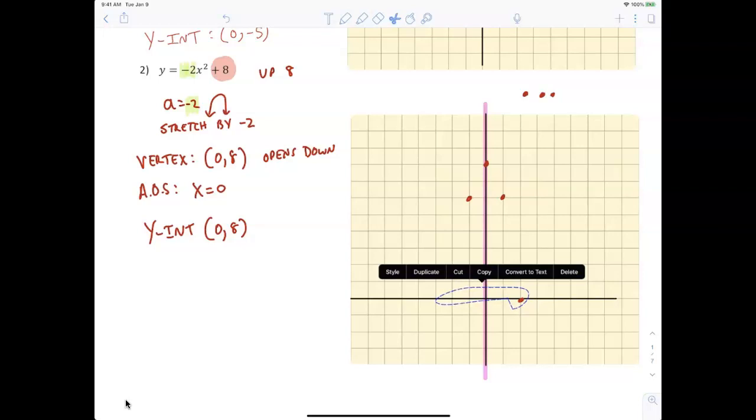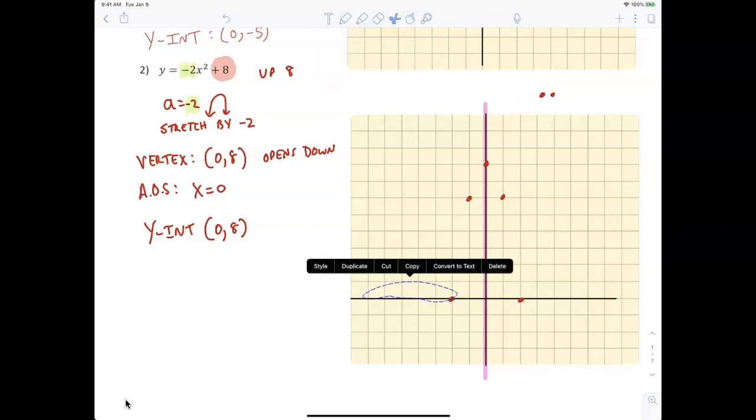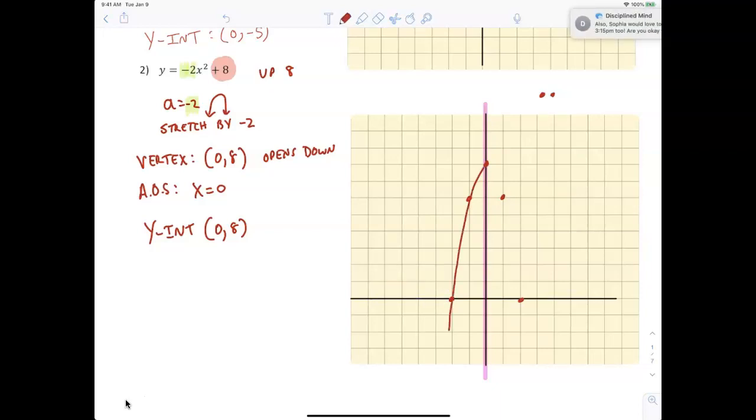Now I'm going to pick another point. I'm just going to do the mirror image: 1, 2, 1, 2. And now, what do you know? There's the graph of the quadratic.